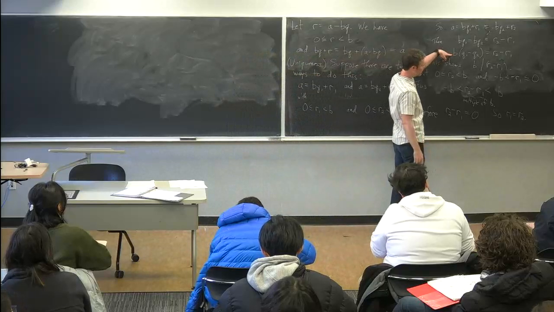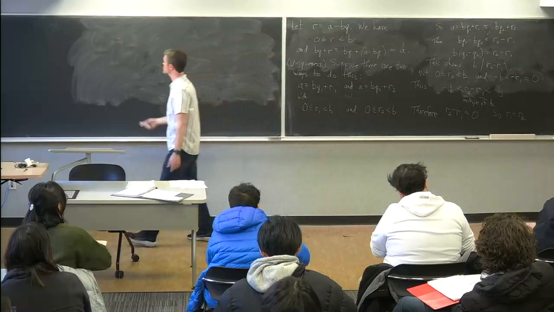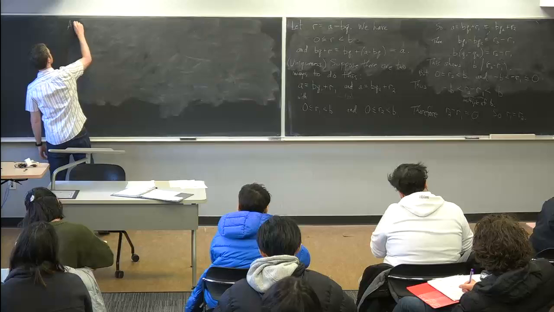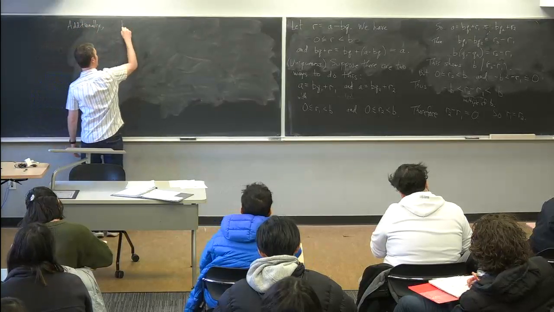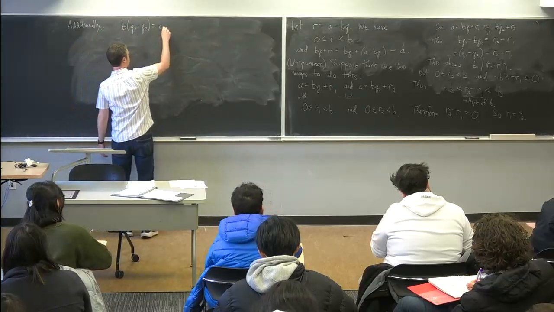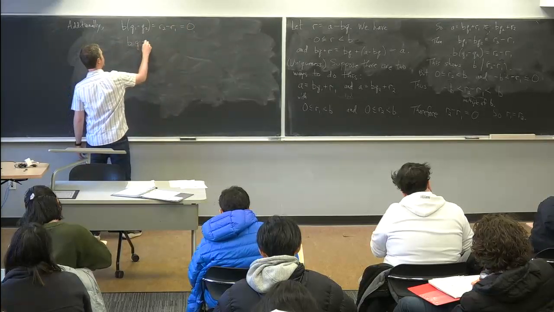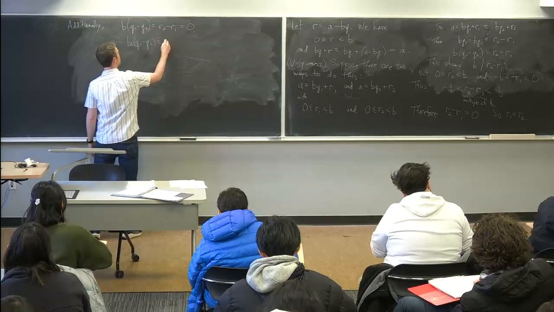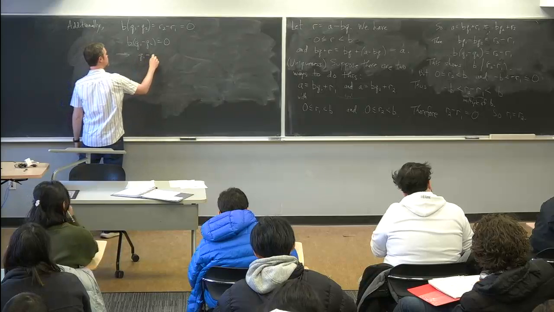We had that b times the difference of quotients is the difference of remainders, which is 0. So b times (q1 minus q2) is 0. And that's going to imply q1 minus q2 is 0.